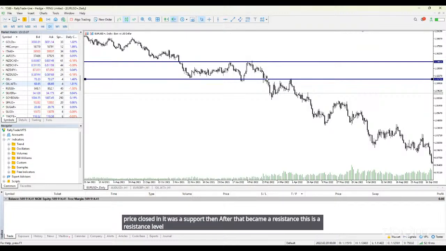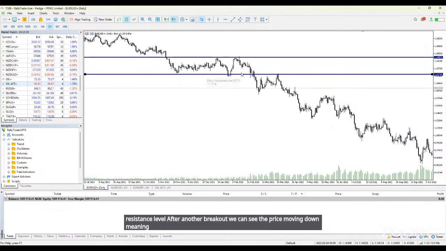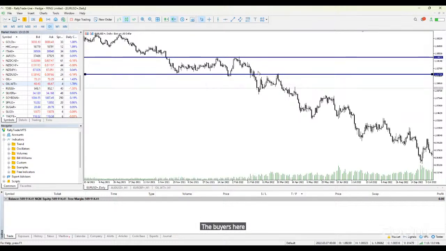After another breakout, we can see the price moving down, meaning the buyers here didn't have enough strength to push the price back. So here sellers took control. That's the entire idea and the point behind support and resistance.